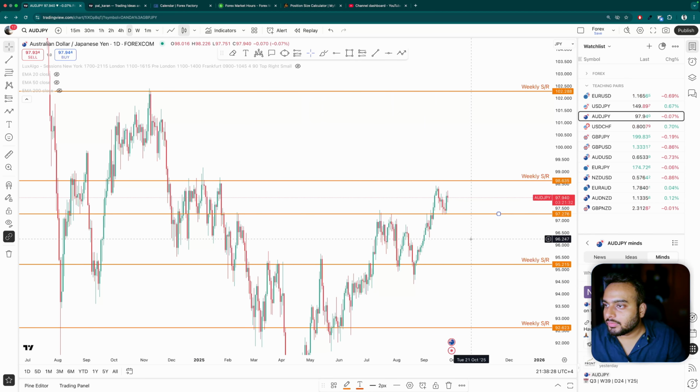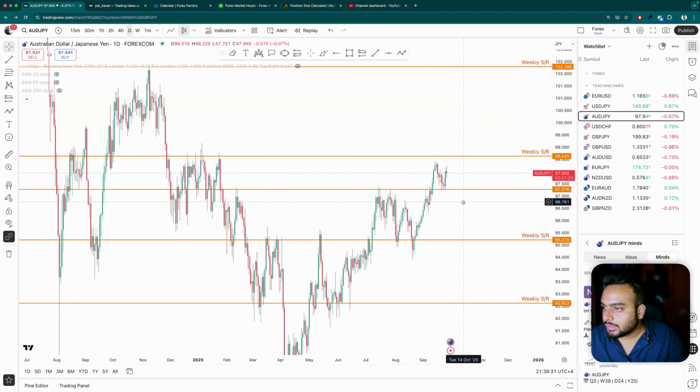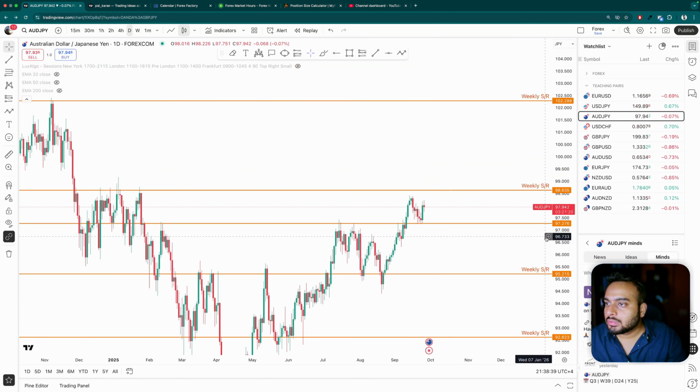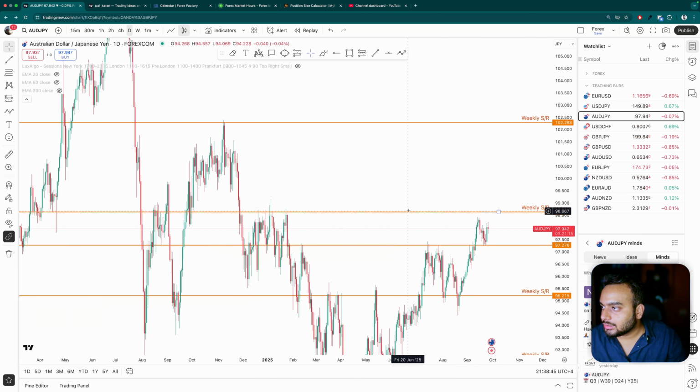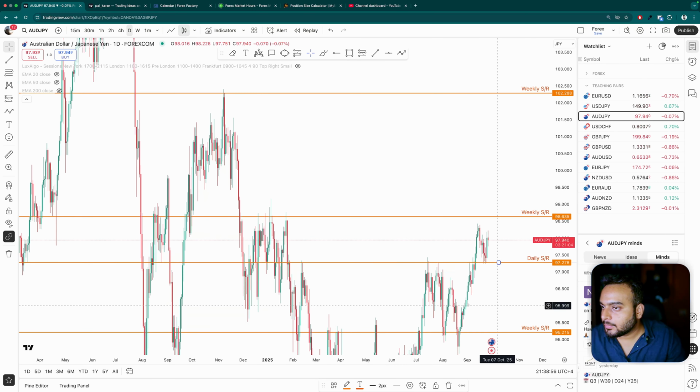So a good number of touches right here. And then I think this one is the closest and it's enough for us. Now the price action is right here. So we'll just see if there is anything else that we can mark. No, I think this is sufficient. So daily support resistance level.